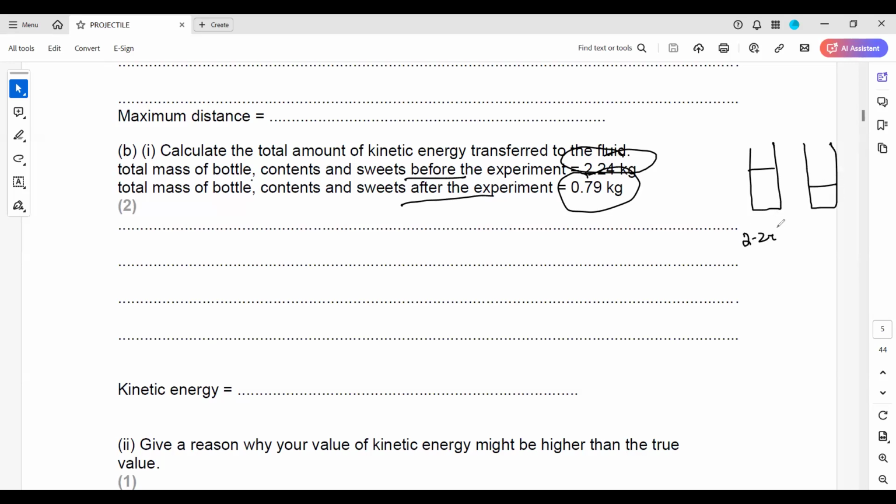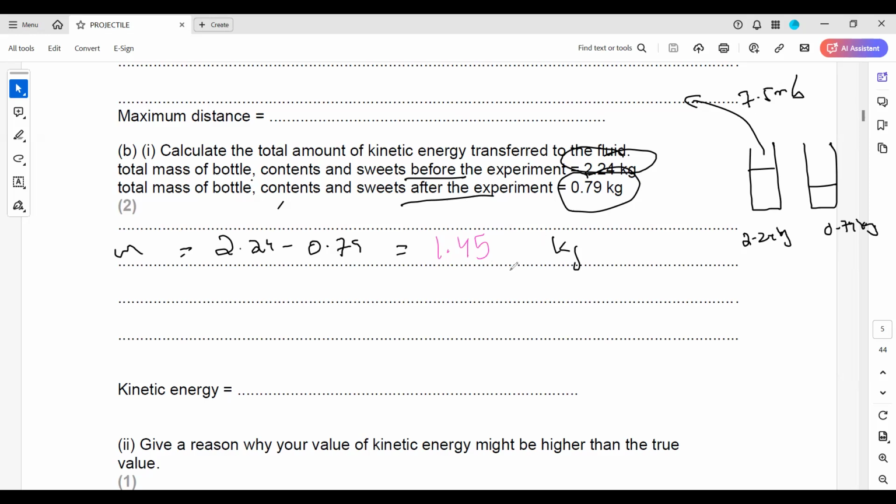It was 2.24 kilograms in the beginning and 0.79 kilograms at the end, so the difference will be 2.24 minus 0.79, which is 1.45 kg. And at what speed?